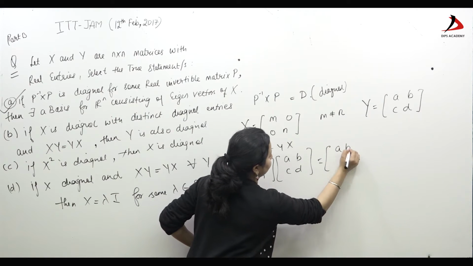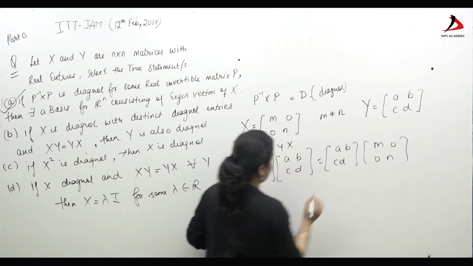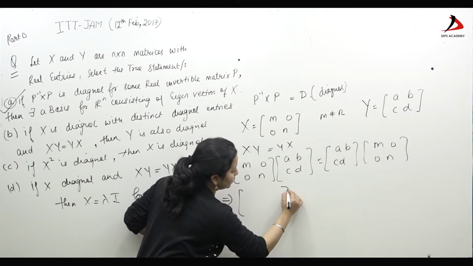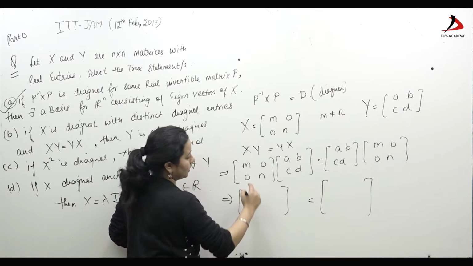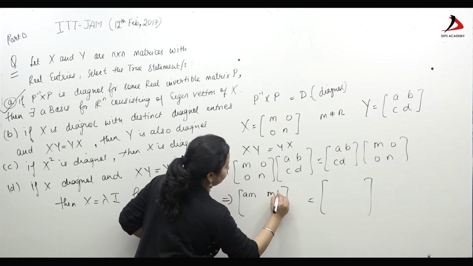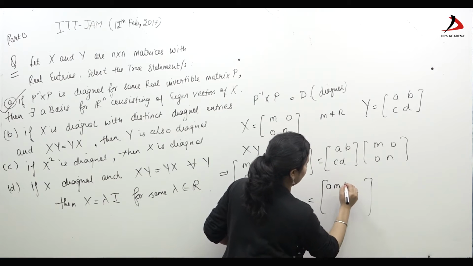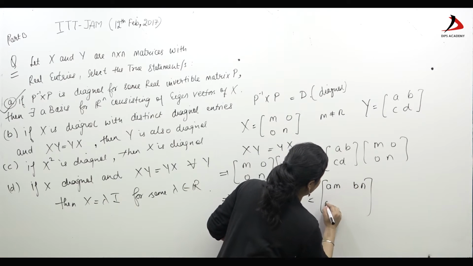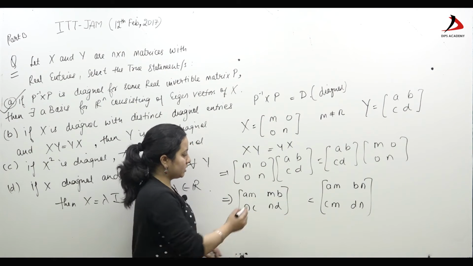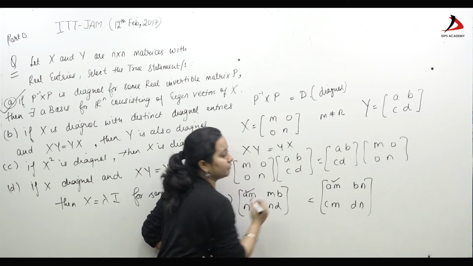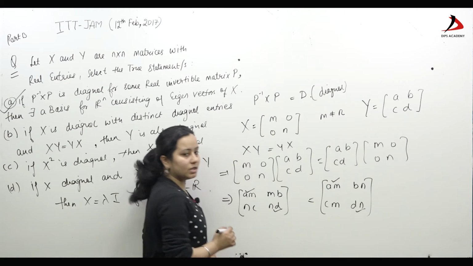Now we will compare these two matrices term by term, the first entry being am, the second entry being... When we compare these two matrices, the first entry of this matrix and the first entry of these matrices are same, and similarly the fourth and the fourth entries are same.